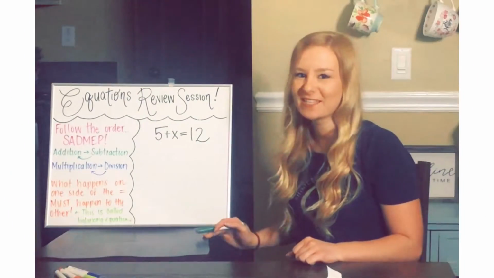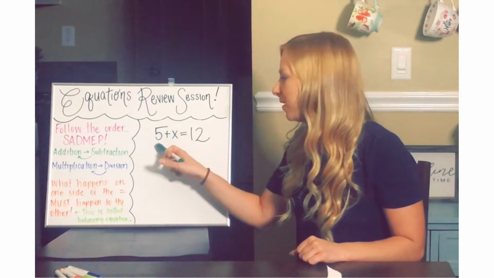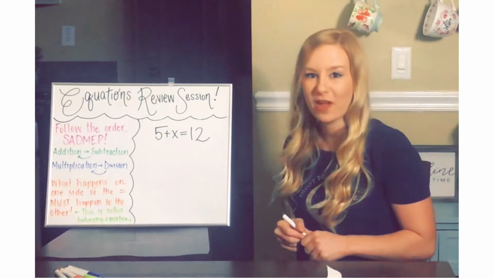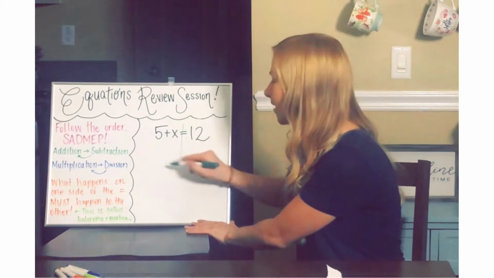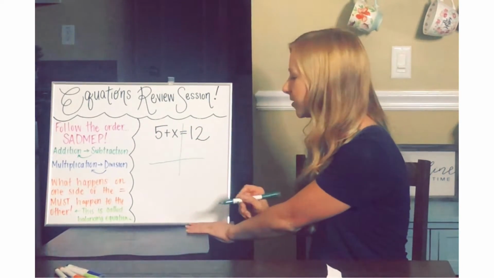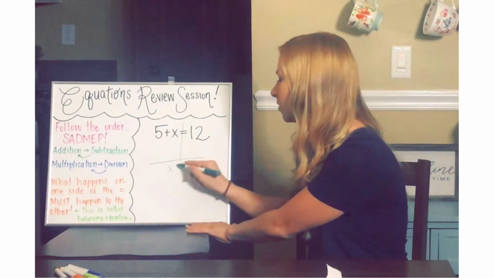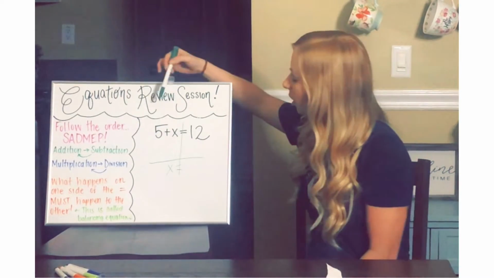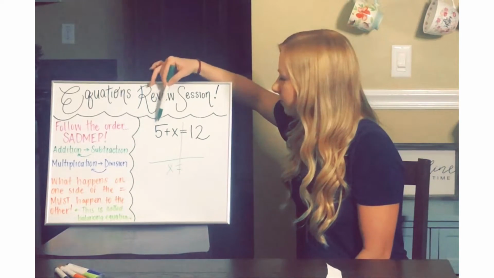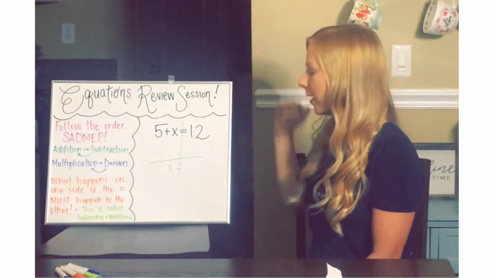All right, for our second example, again, we only have one number we're trying to get away from our variable, so we know it's a one-step equation. Again, I'm going to go ahead and set up my little organizer and drop down my x equals, so I know this is when my problem is done. All right, looking here, we have 5 plus x equals 12.